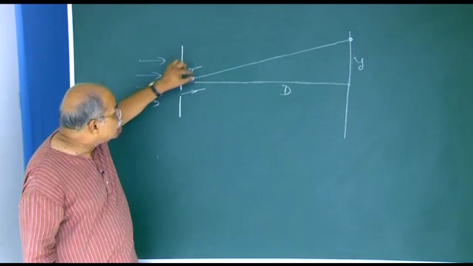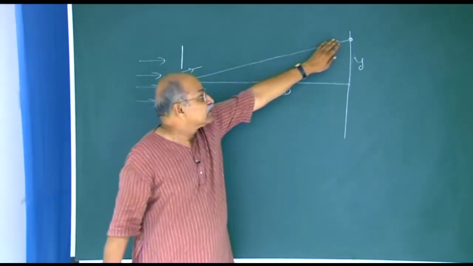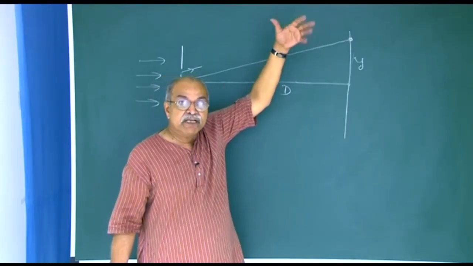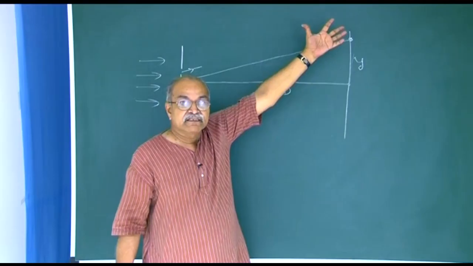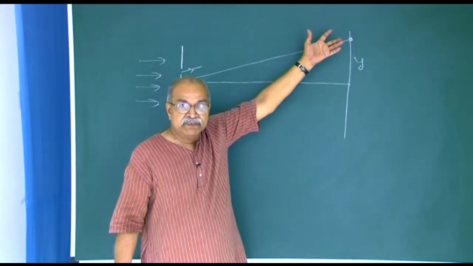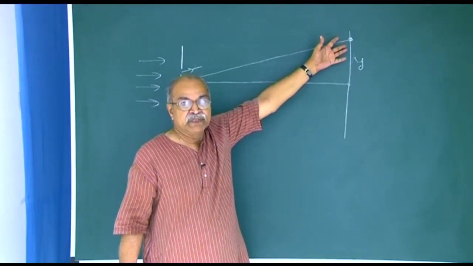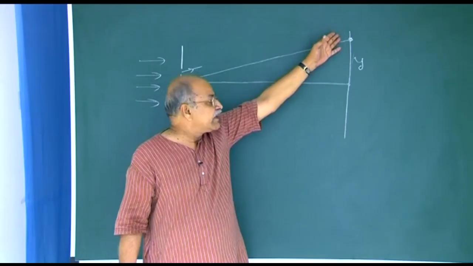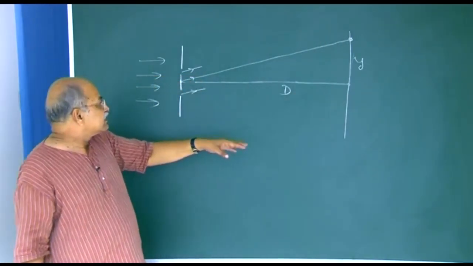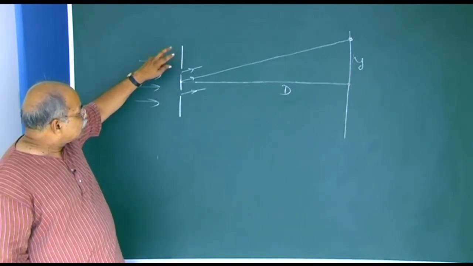But these two wave components which reach there, they also have some phase difference, and they themselves interfere constructively or destructively or some kind of superposition depending on what is the phase difference between the two, and hence the intensity varies on this screen, and that variation is now governed by two parameters or two components.